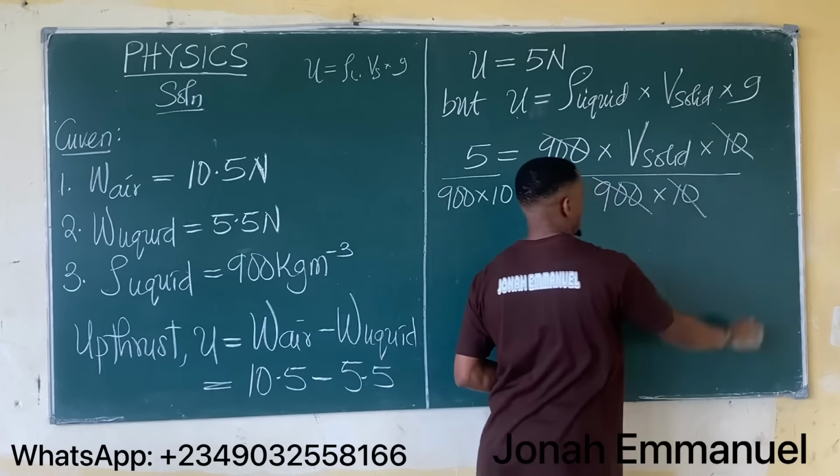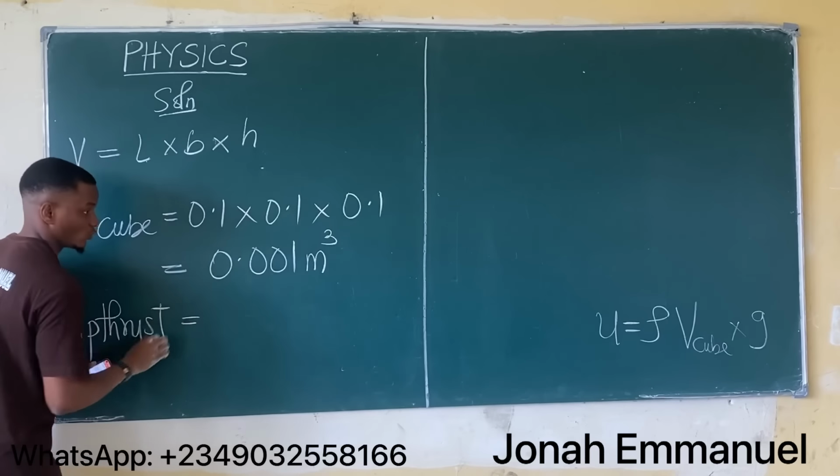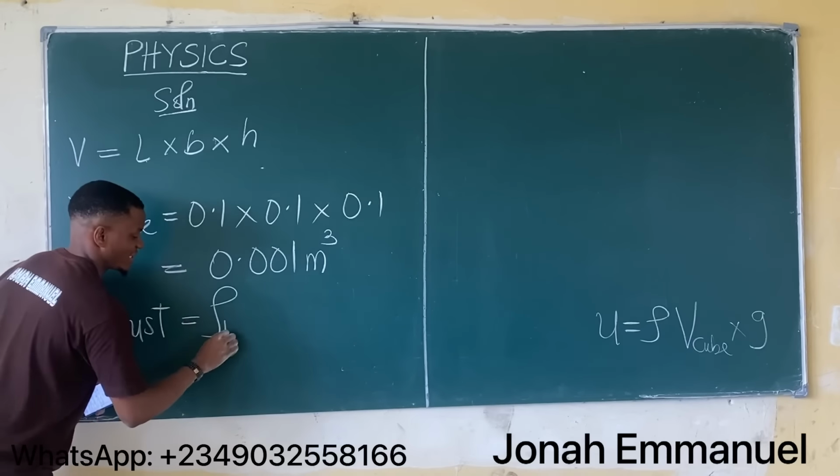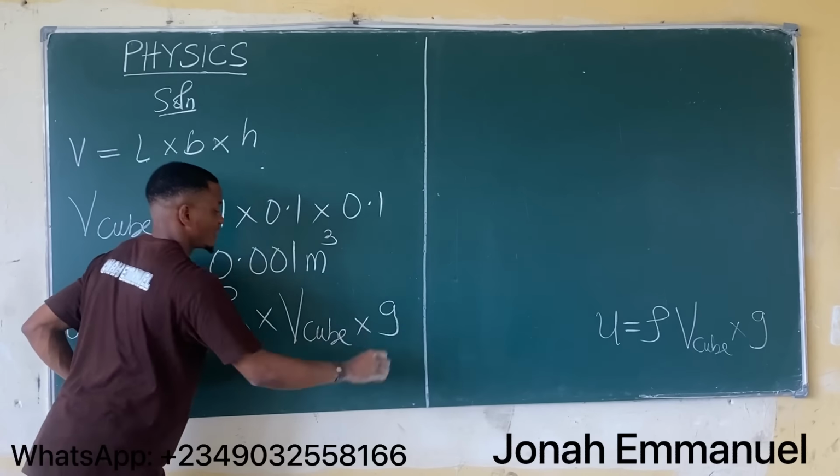So from here, therefore, let's get the upthrust. The upthrust will be equal to density of the liquid, which in this case is water, H2O, times volume of cube times gravity.